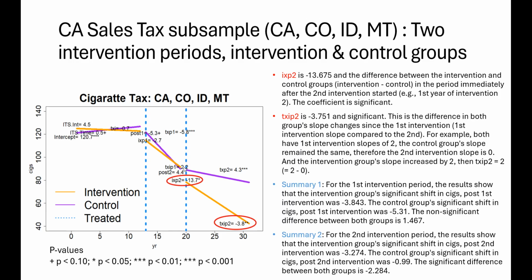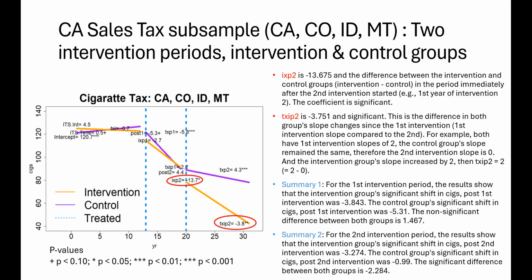So we were looking at the first intervention, but now we're looking at the second intervention, and that's IXP2. And so what that means is we're going to look at the trend between our control group and our intervention group. We're going to see the change in the intervention group's trend minus the trend change for the control group.